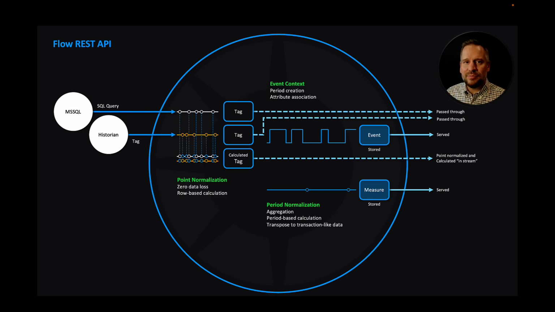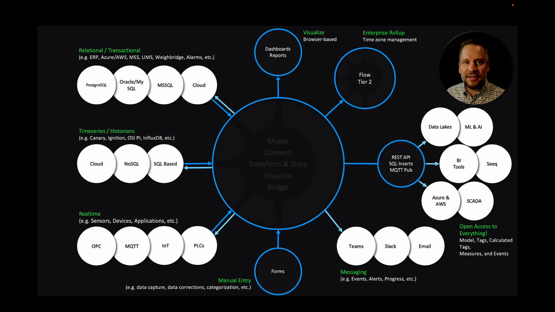So as you can see, the bridge becomes extremely valuable, whether I'm calling the API, doing a SQL insert, publishing data back out to an MQTT broker. Everything that I do in Flow, whether it's the information model structure, the attributes around the events, the measures and the events themselves, they get shared securely and openly across my organization.